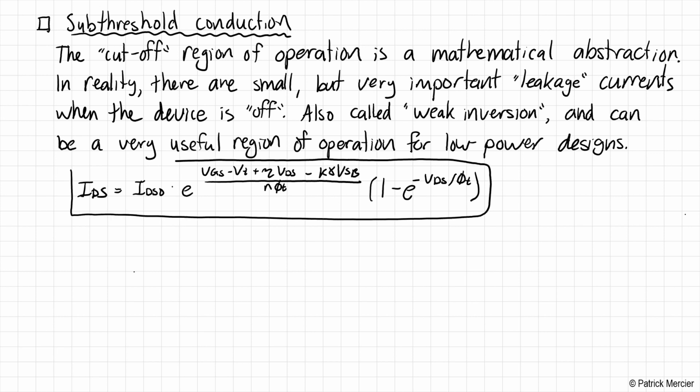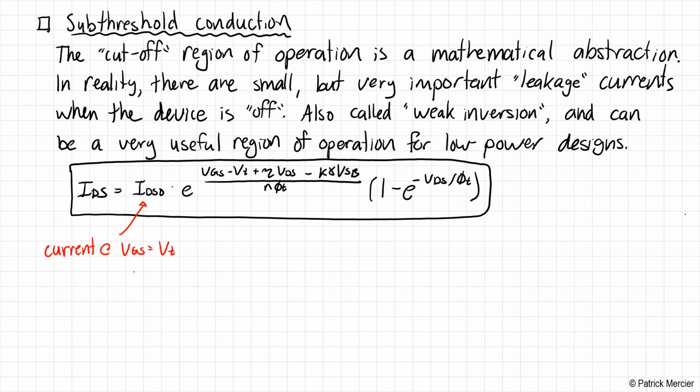Probably not. Let's go through and identify each of these parameters individually to make sure we understand what's going on here. So first of all, IDS0, this is the current at VGS equal to VT.